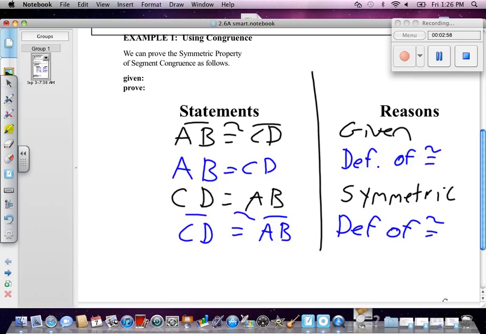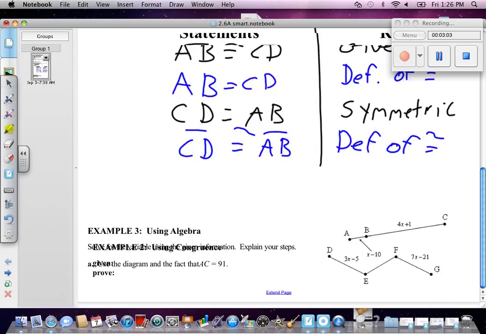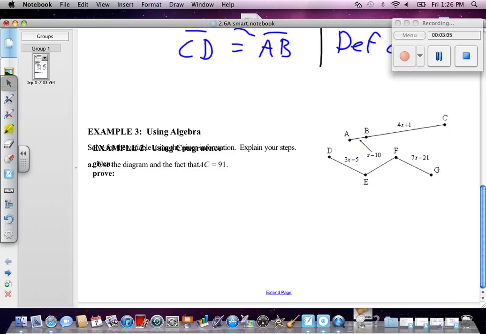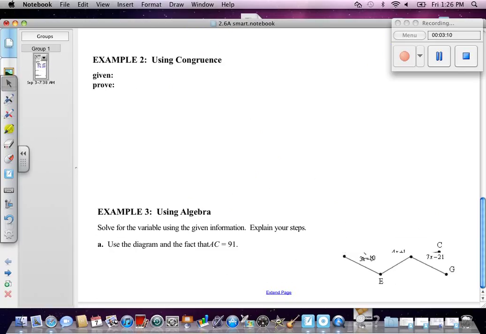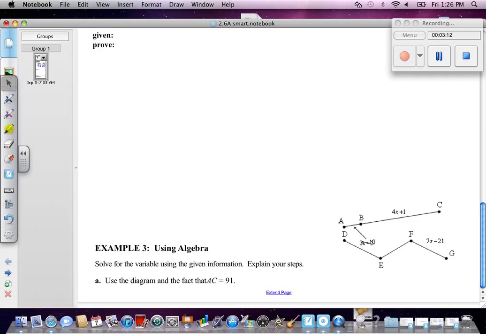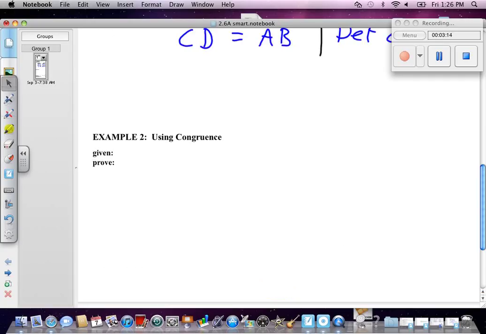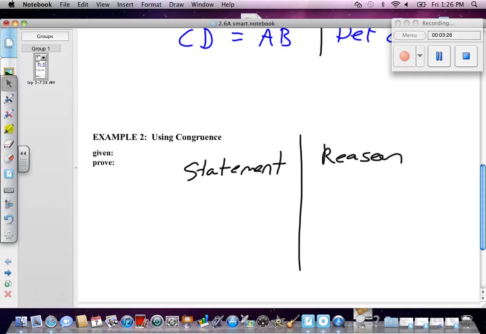All right, let's look at example 2. Under our statements, we've got RS equals XY and ST equals WX.